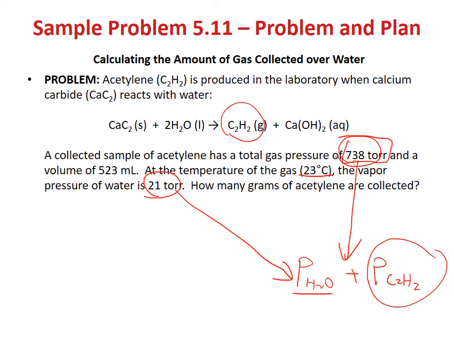And then using the ideal gas law, PV equals nRT. This is the partial pressure of acetylene, C2H2, the one we just calculated here.